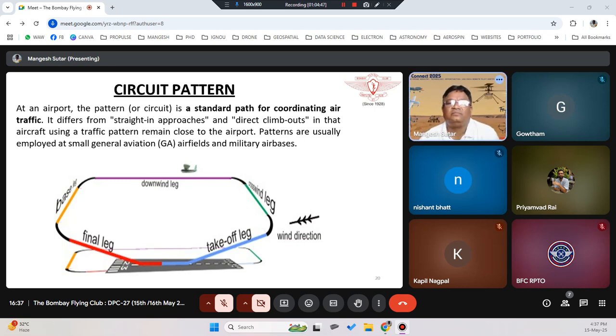I hope now it is clear on the motions with respect to the fixed wing and with respect to the drones. Again, this will keep repeating in our respective topics of fixed wing and rotorcraft, and even during the hybrid. Even during our flying, practically we will be seeing all these things happening, so don't worry about it.